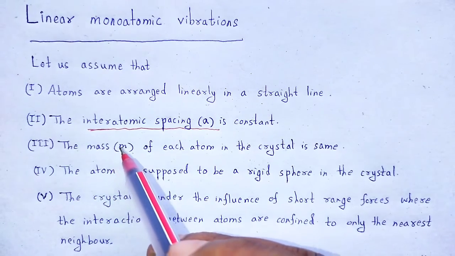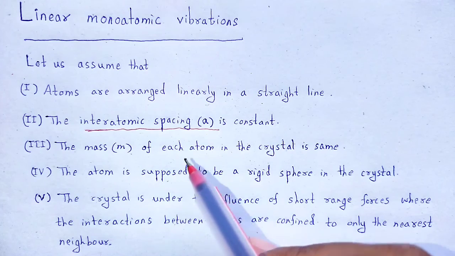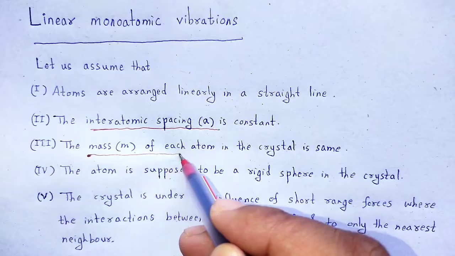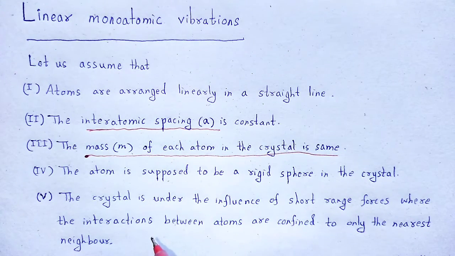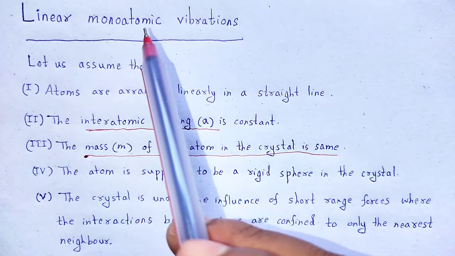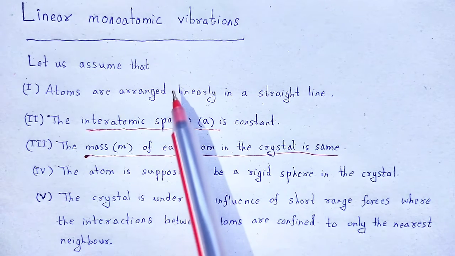And small m is the mass of each atom in the crystal, which is the same. As the name indicates, monoatomic, throughout the crystal there will be a single type of atom.